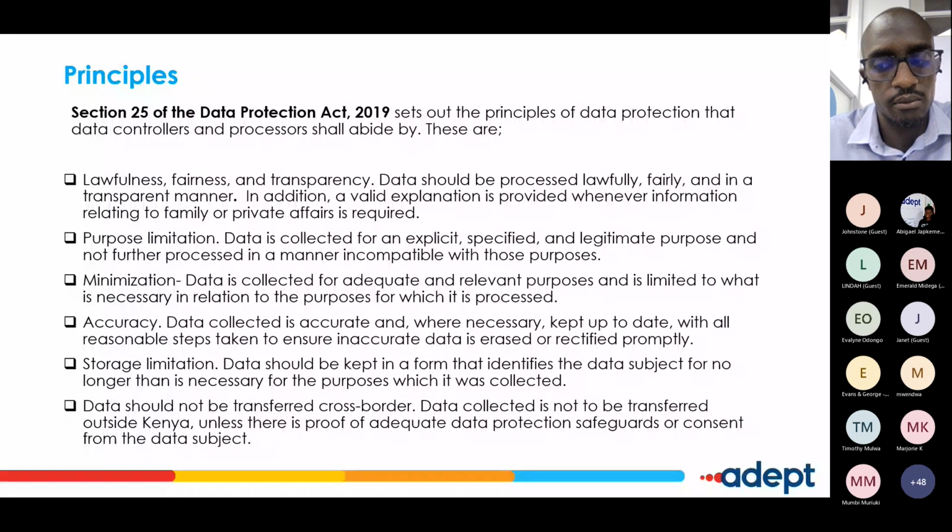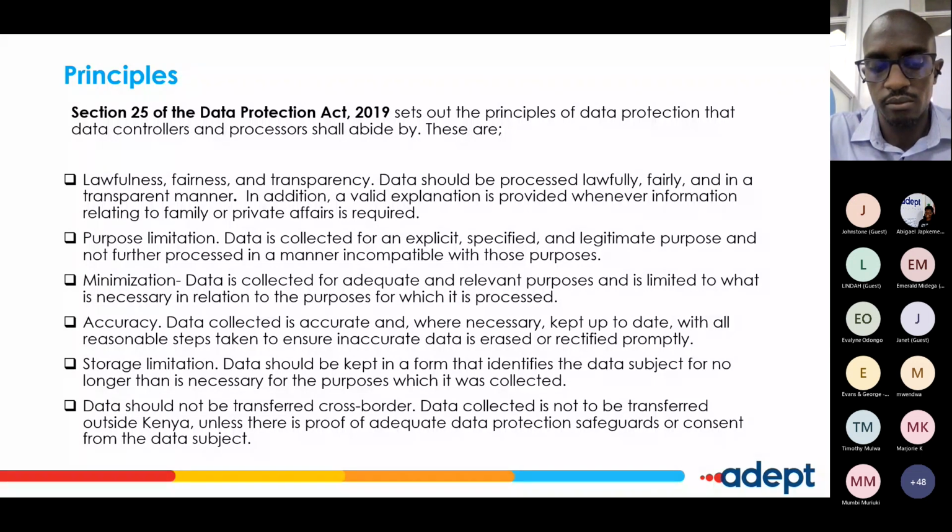Then I'll quickly move into the obligations of data controllers and processors. These are the companies that are undertaking the actual processing of this data. One is the obligation to apply for registration, as highlighted earlier on. Then there is a requirement to have a designated data protection officer as directed by the commissioner's office.